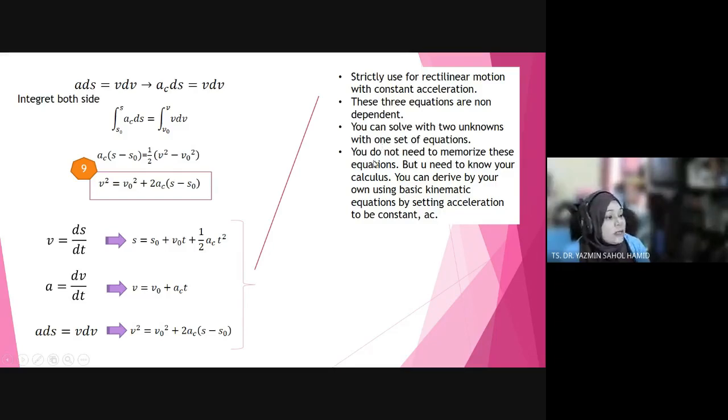You do not need to memorize these equations, but you need to know your constants. And you can derive them by using your basic kinematic equations by setting acceleration to be constant. So these are the three new kinematic equations, derived from the basic kinematic equations, that can be used for constant acceleration.